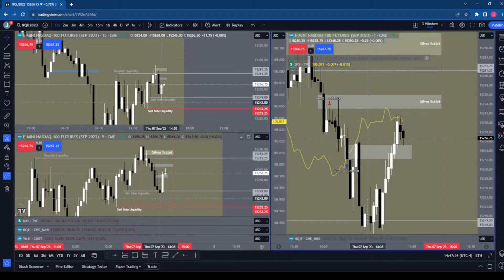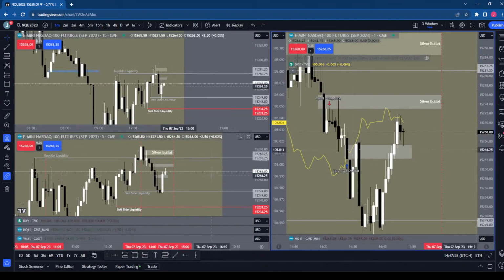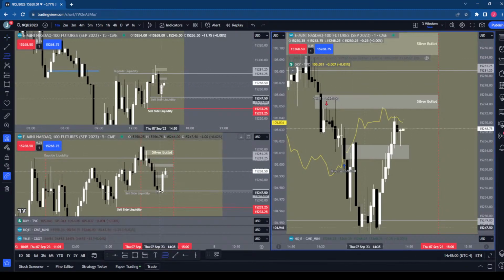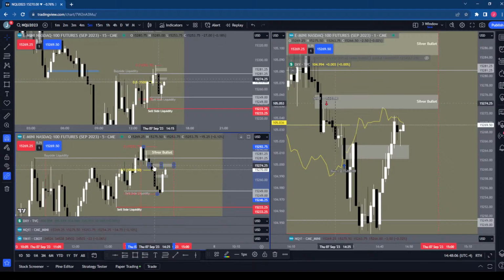We had that pretty big drop from the top. I have yet to set a lower high. Speaking of lower highs, it's going to want to retrace to at least 50%.